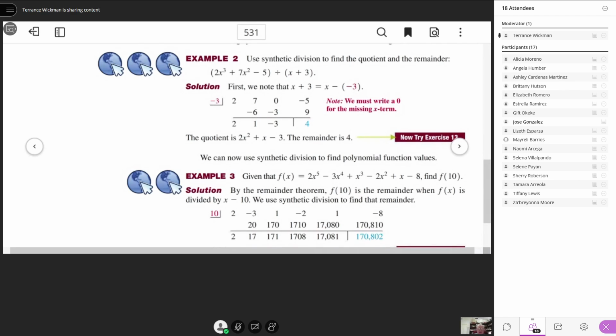Now, they don't show you this yet, but put it in there. If you take a minus 3 and you cube it, you get minus 27. If you multiply that by 2, you get minus 54. If you put a minus 3 in for x squared, you get 9, and 9 times 7 is 63.